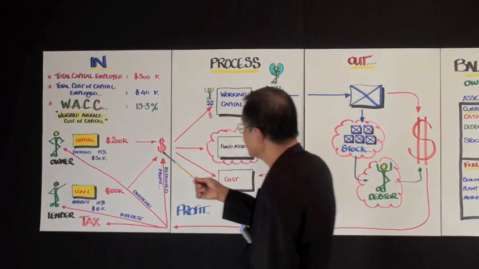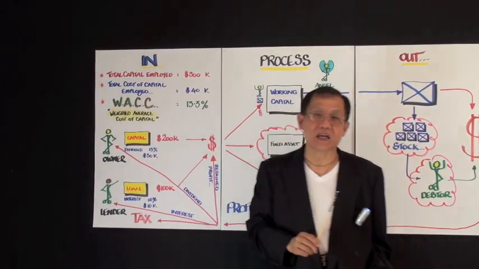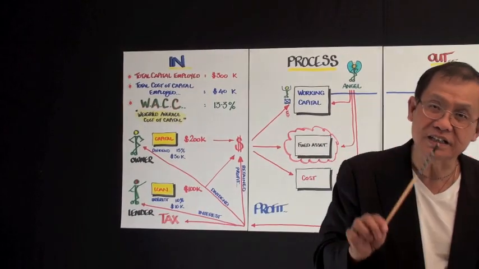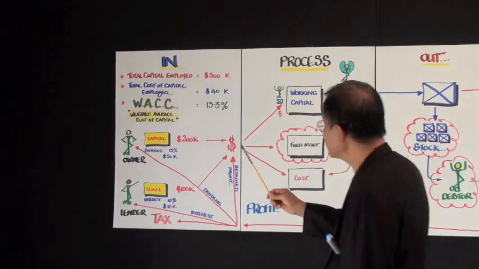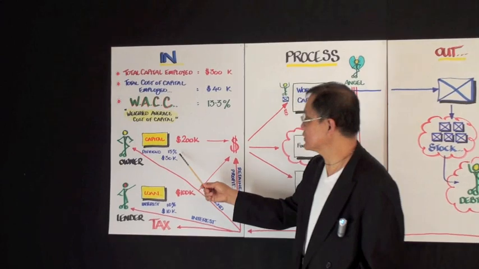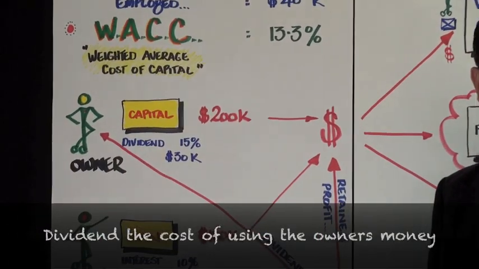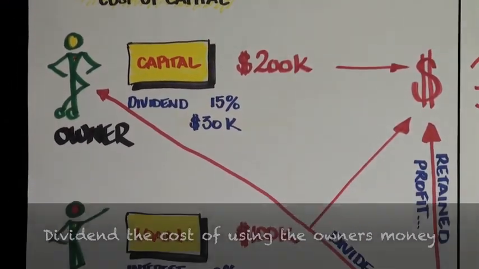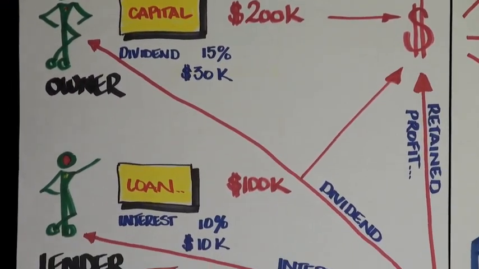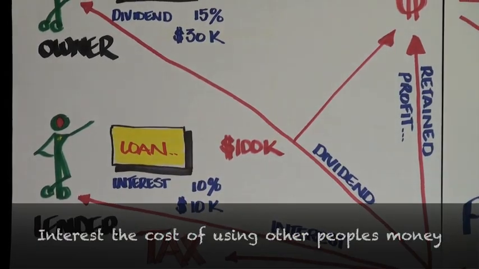And then let's say here, if you put in, you receive a dividend. Dividend is nothing but the cost of using the owner's money. If dividend is 15%, the cost of using capital is 30,000. Now if you borrow 100,000, there is also a cost. That cost is now called interest.